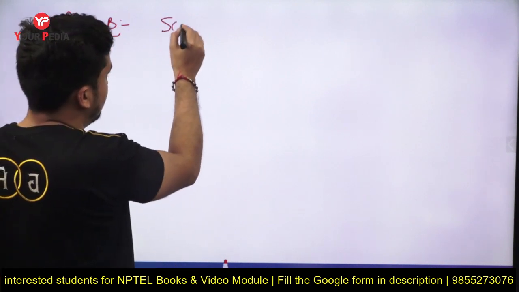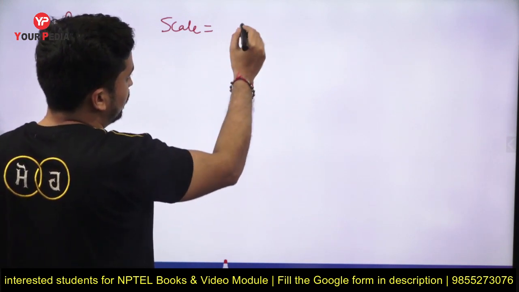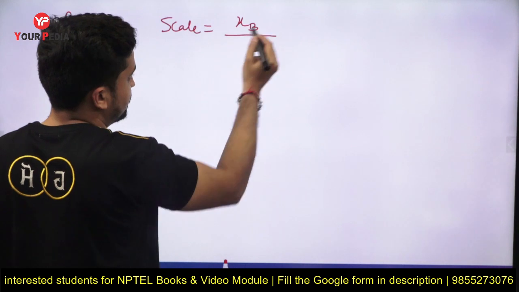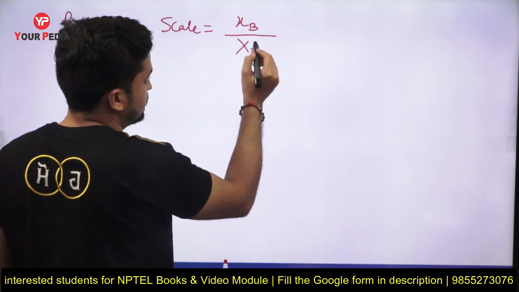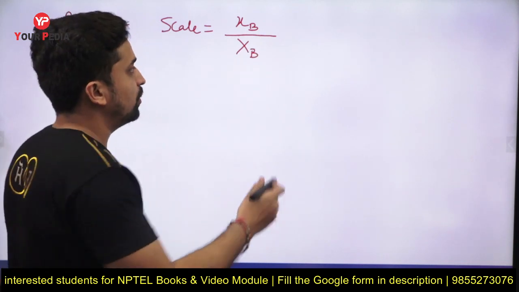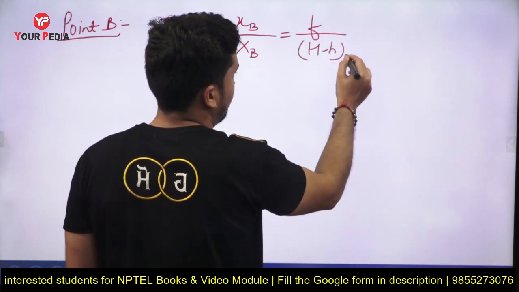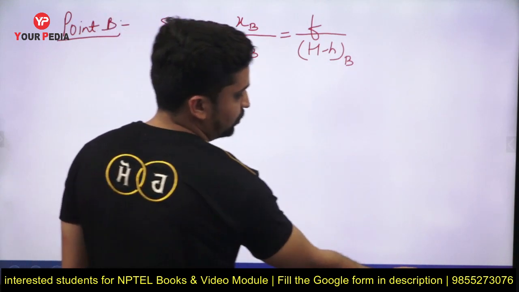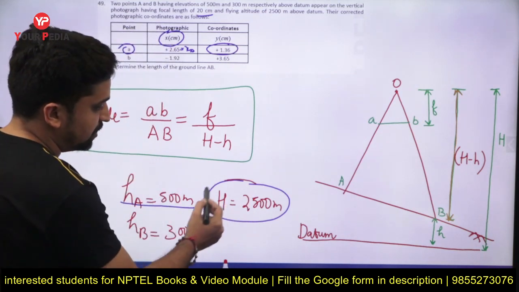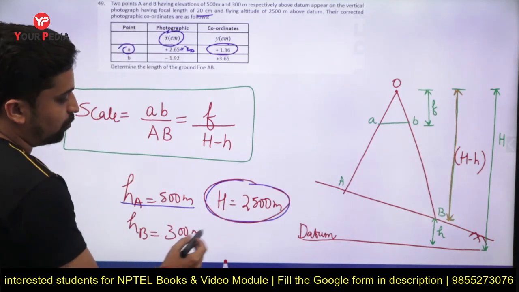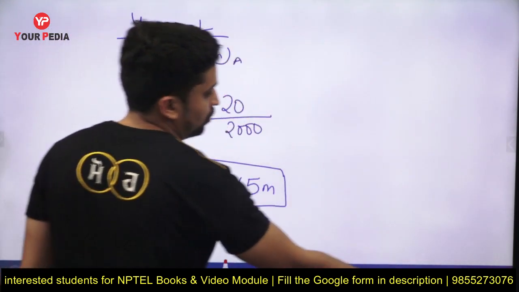So for this, scale will be equal to small xb, which is the x coordinate of point B on the photograph, upon capital XB, which is the x coordinate of point B on the ground, and this will be equal to focal length upon H minus h of B. And we can also see that capital H minus small hb will be equal to 2500 minus 300, and this will be equal to 2200.